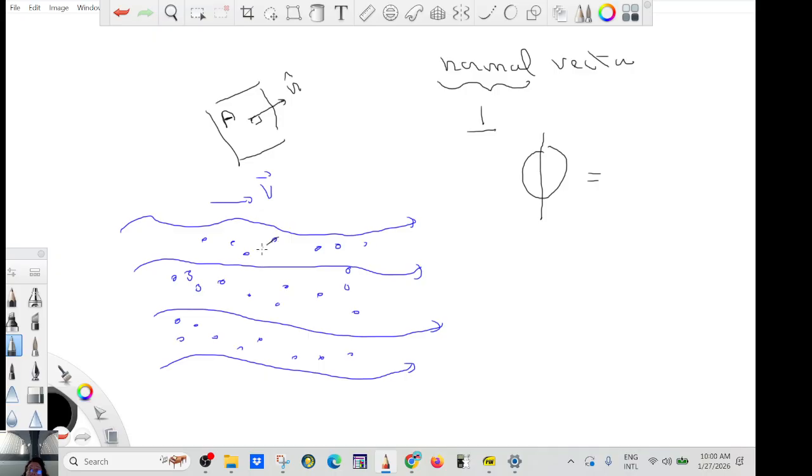If they go really fast during a given time, I'm going to catch more of them. Does it make sense? So it depends on the velocity. If it's flowing very fast during the same amount of time, I catch more stuff. You have more flowing through this area. What else?